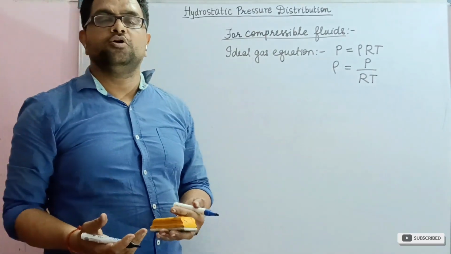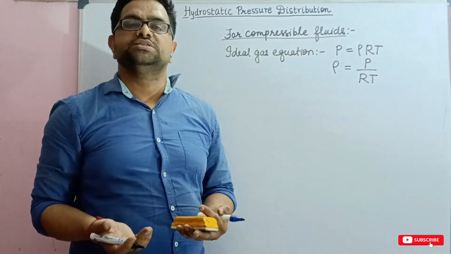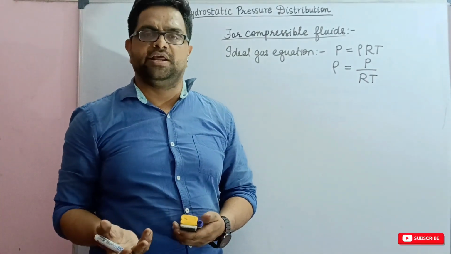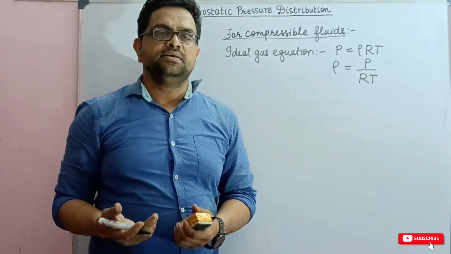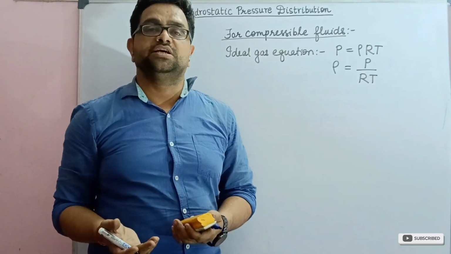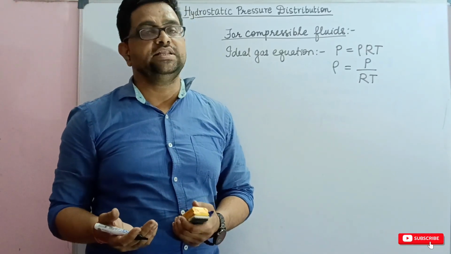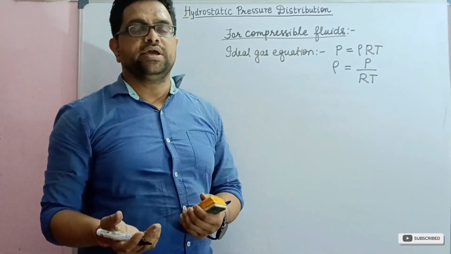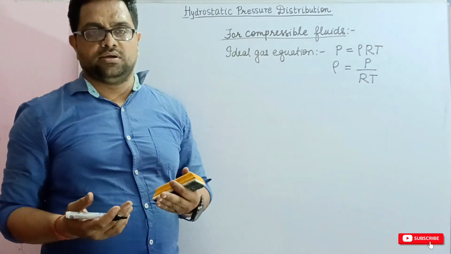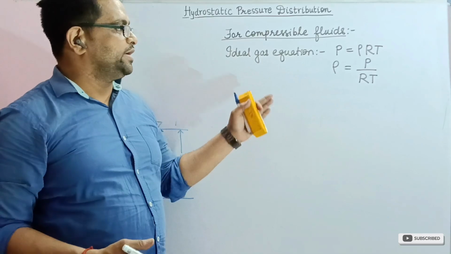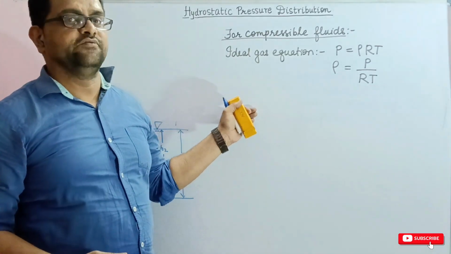Now, depending upon the process involved, the process may be isothermal or adiabatic, or if there is no friction or no heat transfer, we can also say that the process is isentropic. We can calculate the variation of pressure according to the various processes involved.